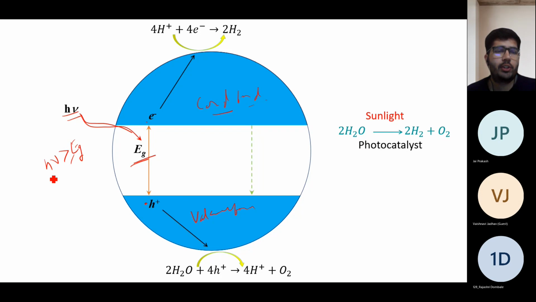This happens if the energy of the incident photon, h nu, is greater than the band gap value Eg.